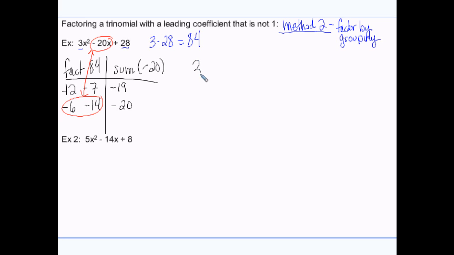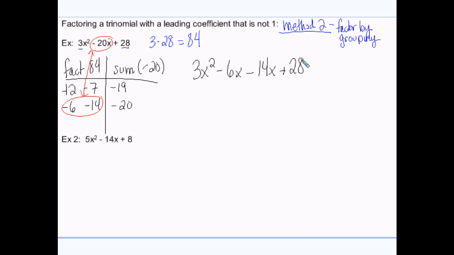So this is going to become 3x squared minus 6x minus 14x plus 28. I didn't change anything. The value is still the same because 6 and 14 is 20. All I did was split the 20 in half. Well, not in half, but in parts.